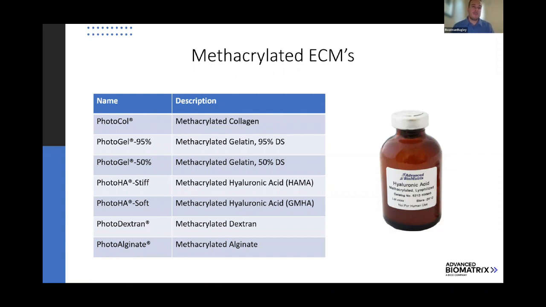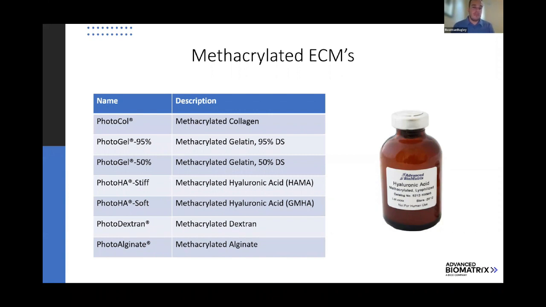Collagen being the most abundant protein, hyaluronic acid being the most abundant glycosaminoglycan, it kind of covers the most of the body. So we have photocol, photogel, photo-HA, photodextran, and photoalginate. You'll also see that with the gelatin, there are 2 different degrees of methacrylation, 95% high and 50%, say, kind of medium.